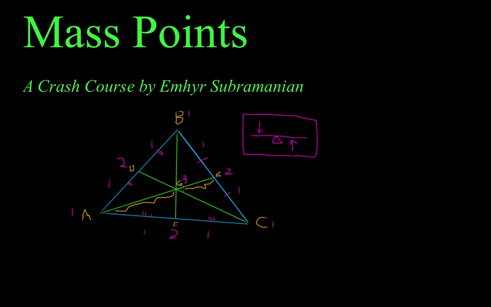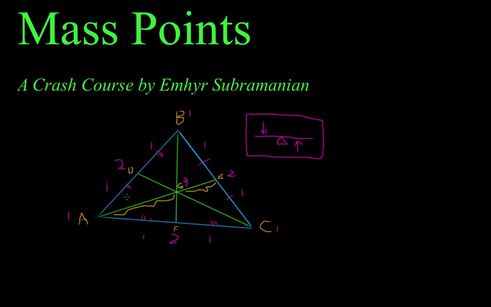So now we need to find the ratio between GE and GA. Since you know that the weight of E is 2, AG must also be 2. In case you don't understand why, look at this: BE corresponds to C, CE corresponds to B. In this case, point E corresponds to AG, and point A corresponds to GE. Since the weight of A is 1, and A corresponds to GE, that weight is also 1.